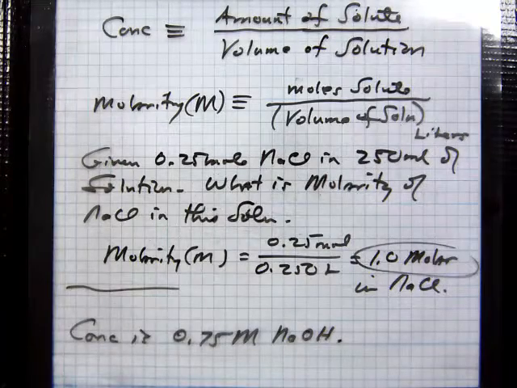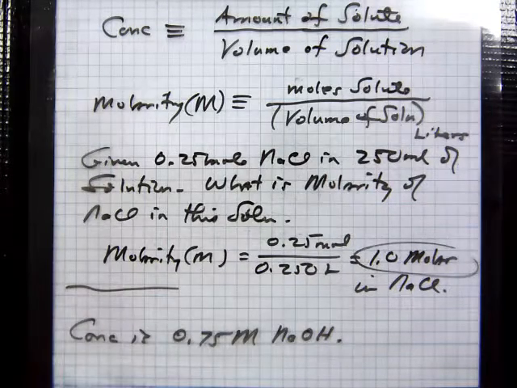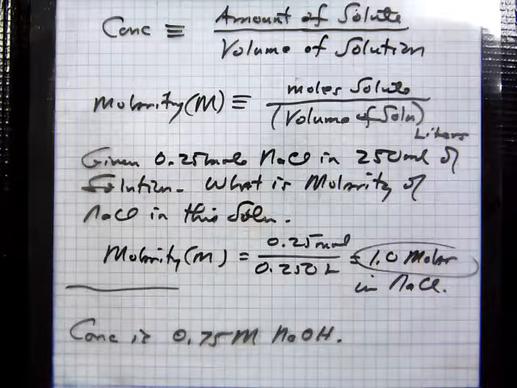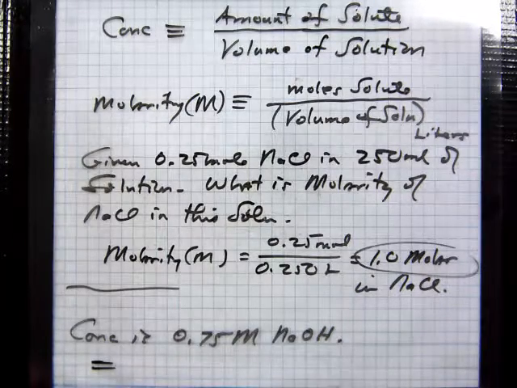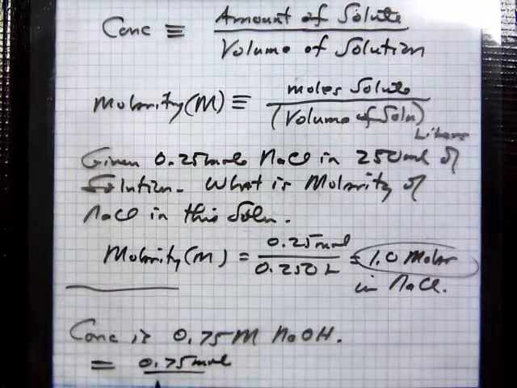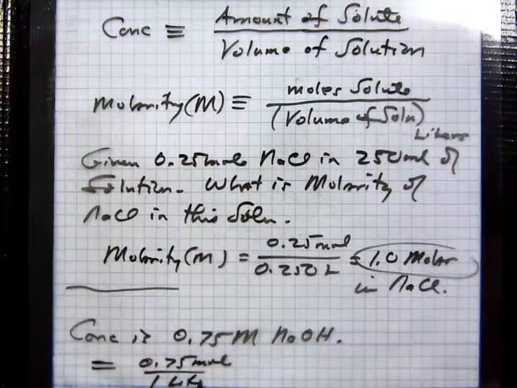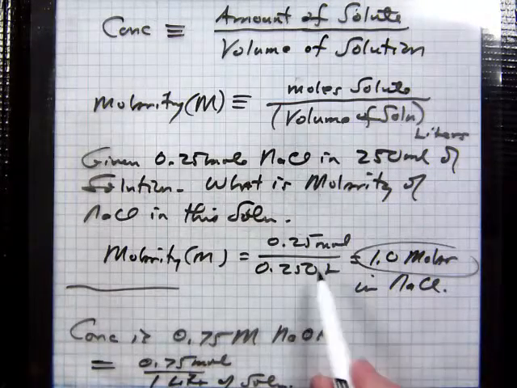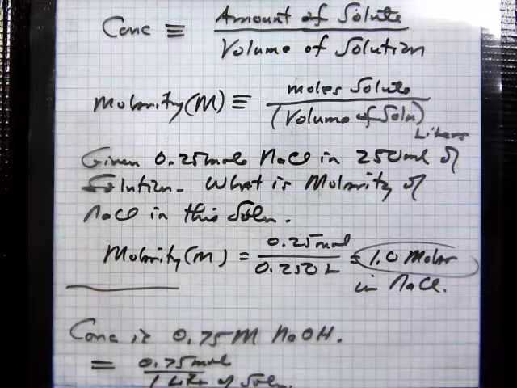What does that mean? The terminology, big M, is moles per liter. It's always normalized to 1 liter. So this means 0.75 mole in 1 liter of solution.